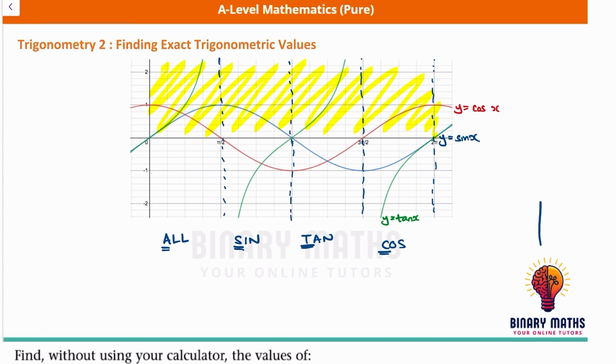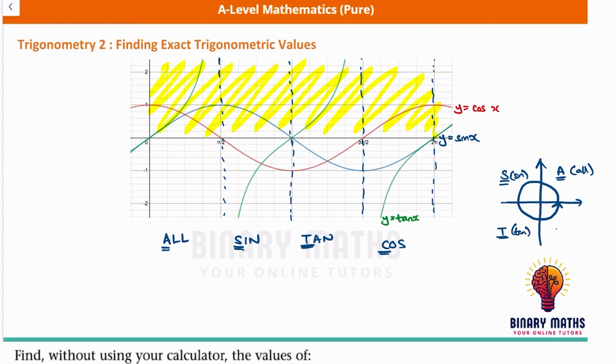If you think of it like a quadrant, remember we measure angles from the positive x-axis all the way around. In the first 90 degrees, all are positive. A for all. In the second quadrant, it is sine. The third quadrant is tan.